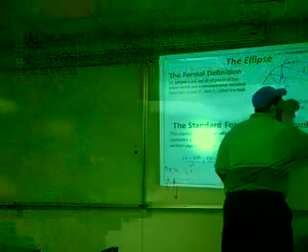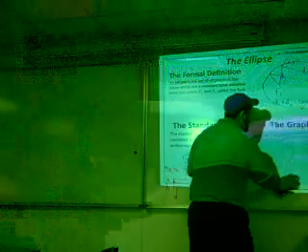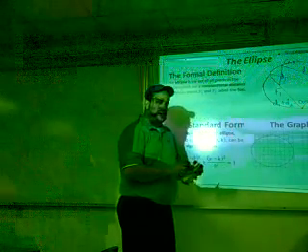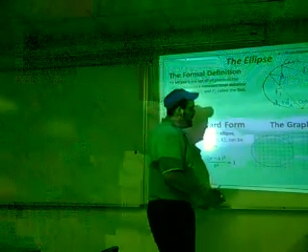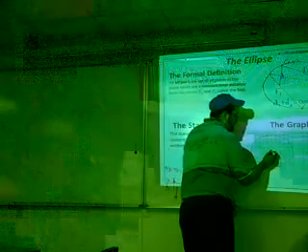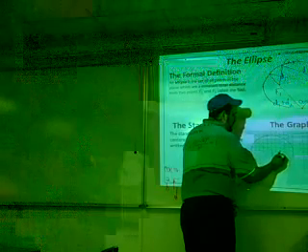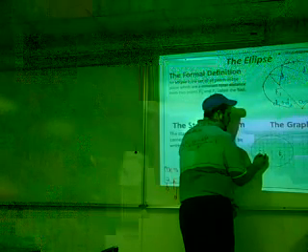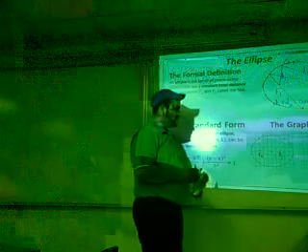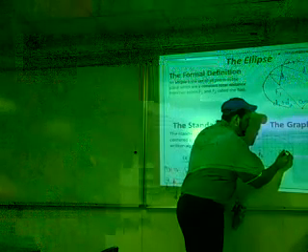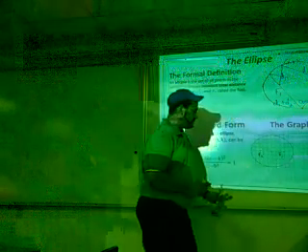The foci are always going to be located on the major axis. So in the example of the hot dog ellipse, if this is my center, let's say there's one focus, and there's the second focus. They should be symmetric, so let me move those.